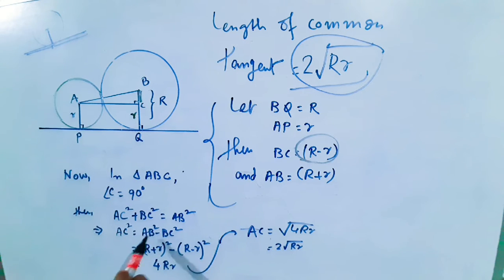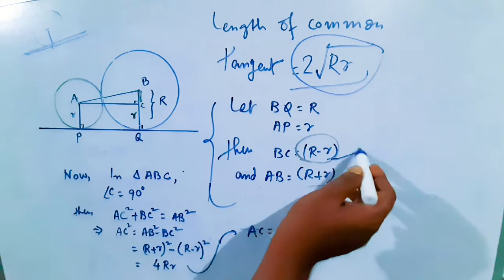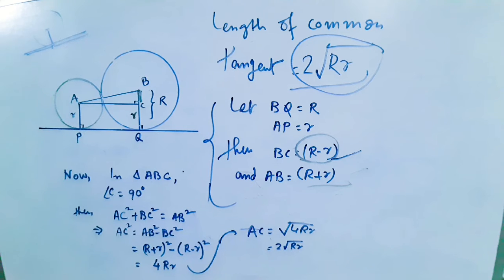The value of AB equals capital R plus small r, so (R plus r) whole square minus (R minus r) whole square, the value of BC being capital R minus small r. This is a simple calculation, the formula (a plus b) whole square minus (a minus b) whole square. So AC square equals 4 capital R into small r.